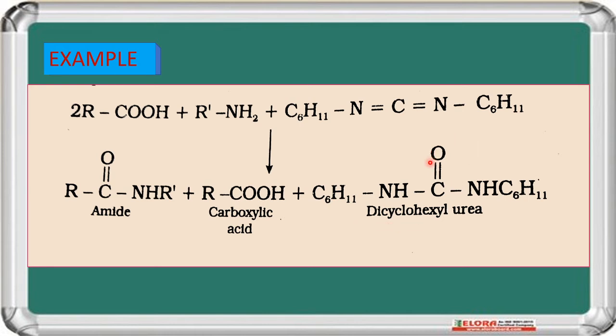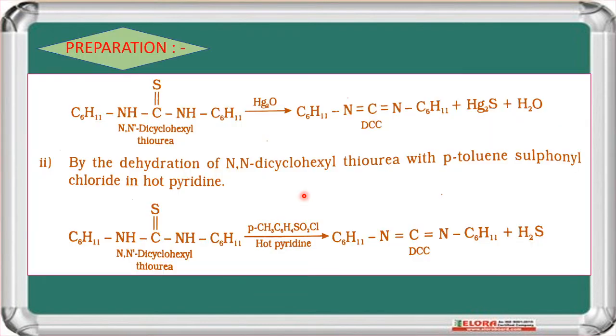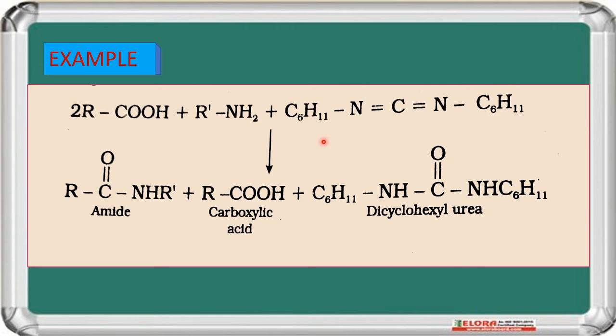When O is attached to this compound, it is urea, and when it is attached with the sulfur atom, it is thiourea. This type of starting compound, thiourea, is used to form the DCC compound, and in this reaction dicyclohexyl urea is formed.